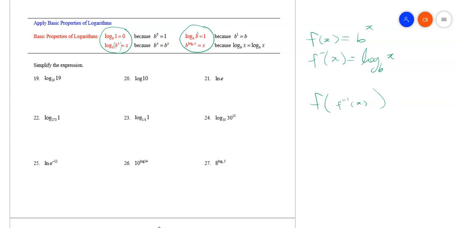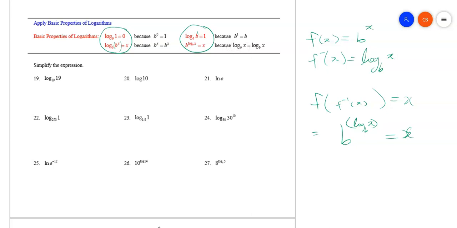So f of f inverse of x goes b raised to some power, because that's what f does, and the power that goes in there is f inverse, which is log base b of x. But we know that if we compose the function with the inverse, we're supposed to get x, and so this will equal x. And that is the property that we're using right here.